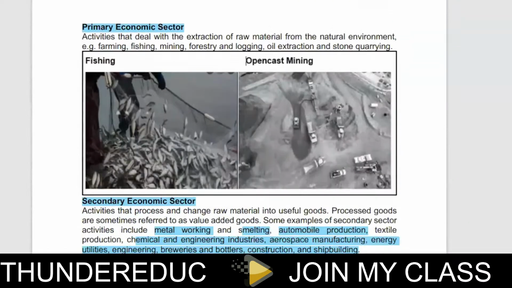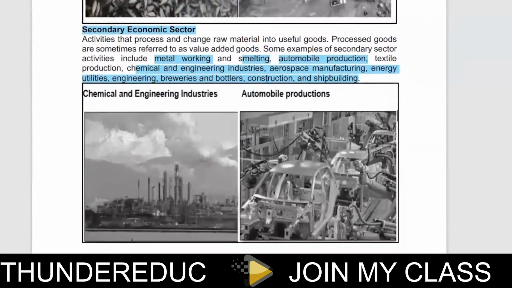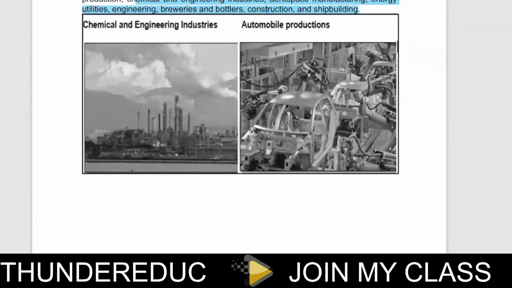I also want to use another example. Sugar is a product that you get from sugarcane. Sugarcane, when it is still in the farm, when you're cultivating, all that activity is primary. So that sugarcane is then squeezed, you take the sucrose out, you take it to the factory, and they make sugar for you.